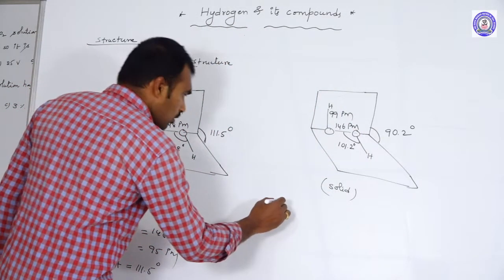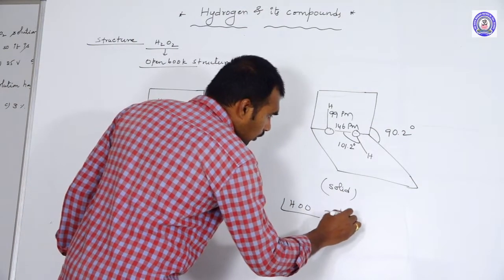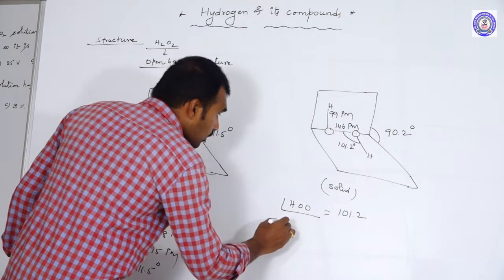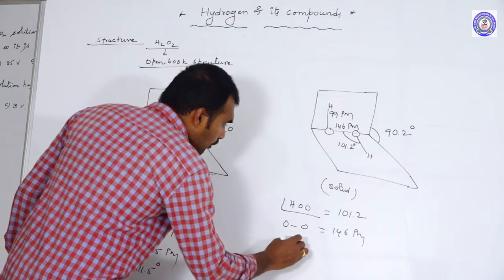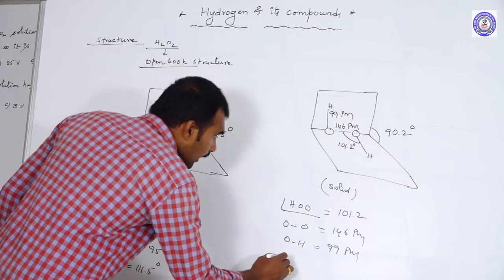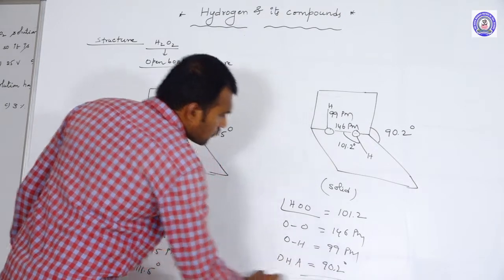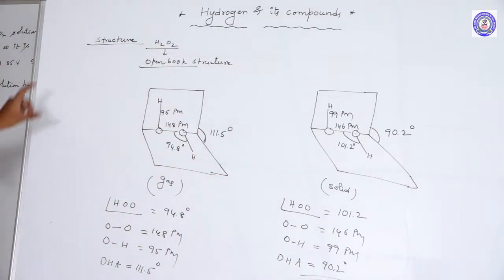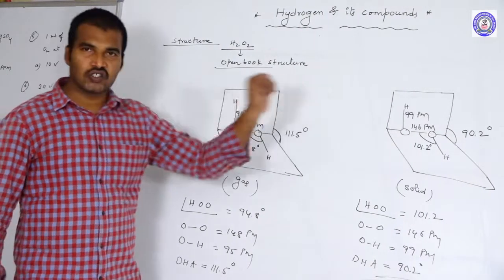So here the HOO bond angle is 101.2, OO bond length is 146, OH bond length is approximately 99 picometers, and the dihedral angle is 90.2 degrees. Okay, so this is about the differences between the structures of H2O2 in gas phase and solid phase.